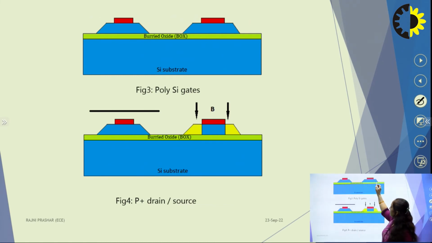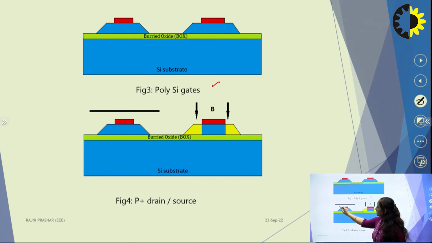Next, we form the gate over these areas. Your gate is fabricated with the help of photolithography, so a polysilicon gate is fabricated. Now we will implant the P plus doping to create the PMOS. Your P plus doping is done with boron.